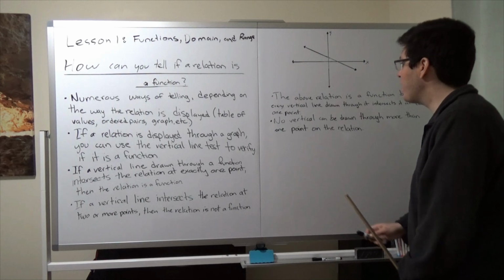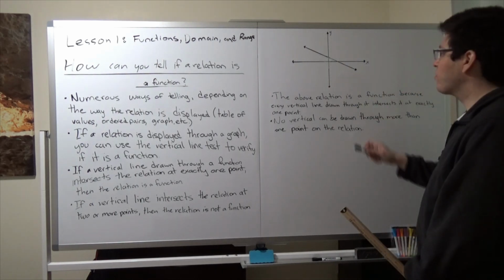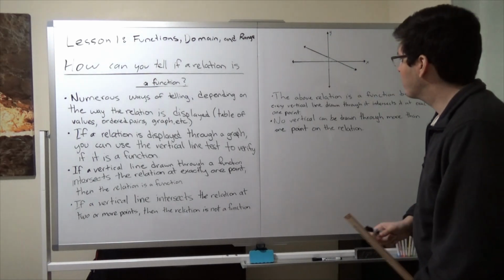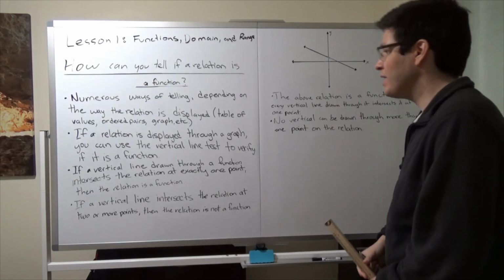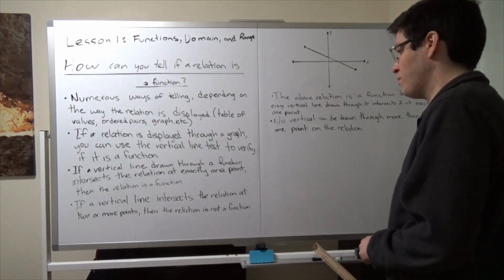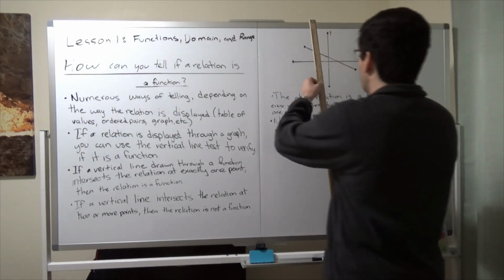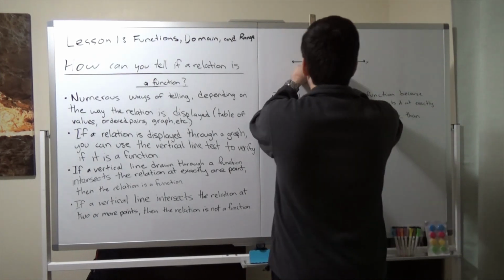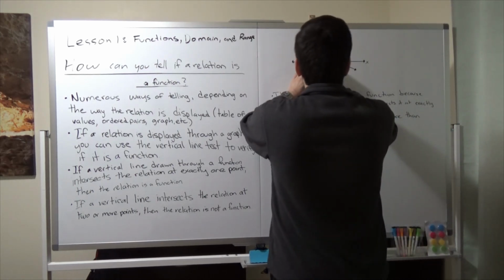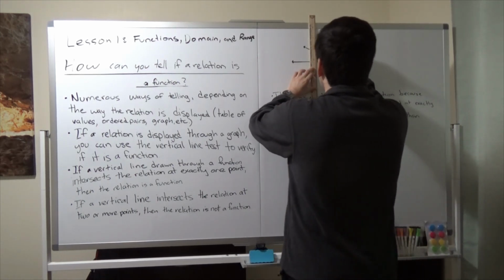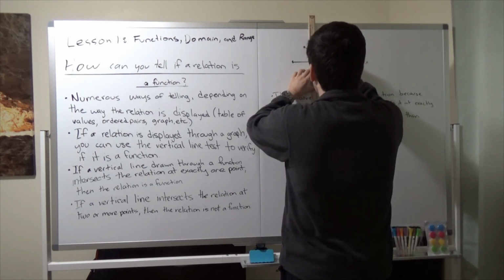Over here you see we have the graph of a function, and we will do the vertical line test through it now. So to do the vertical line test, you simply draw numerous vertical lines through it.